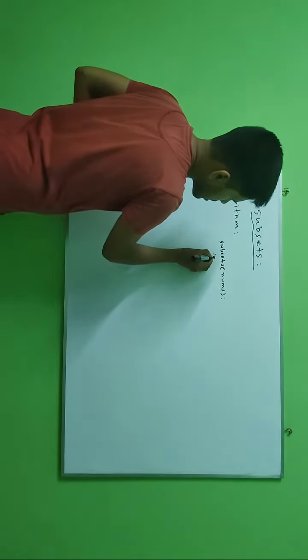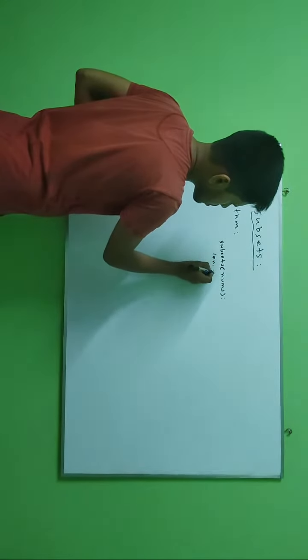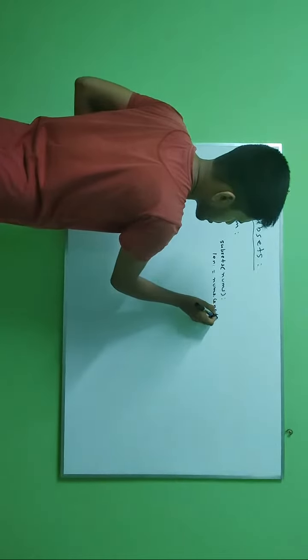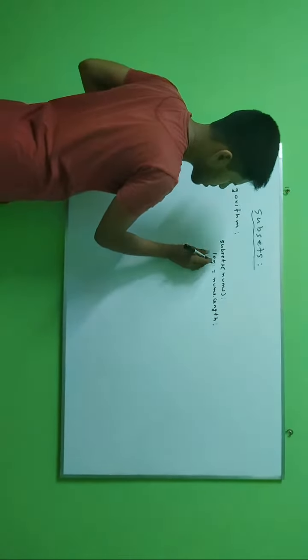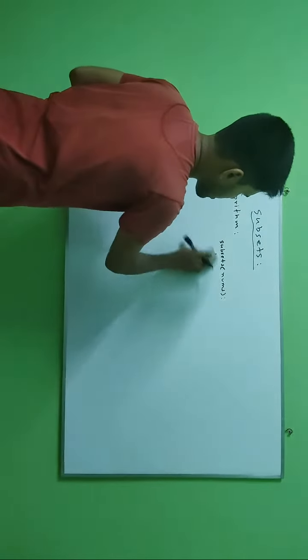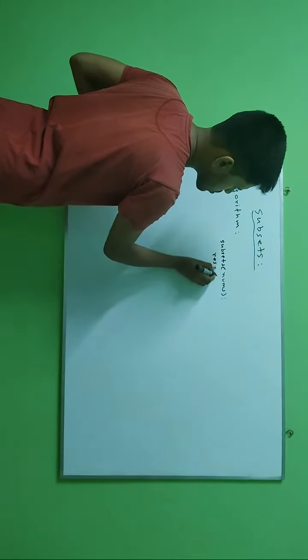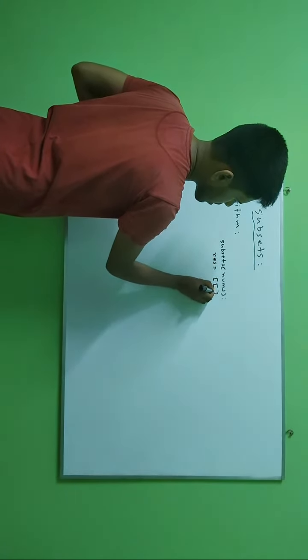So length equals nums.length. Now first thing, we have to create a list of arrays, the result. So result equals ArrayList. Let's consider this is our array list.